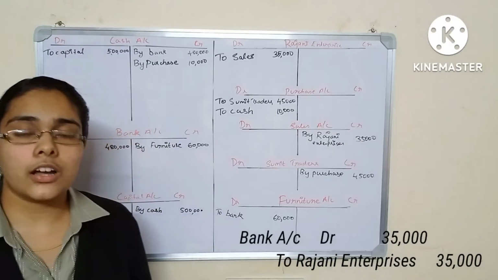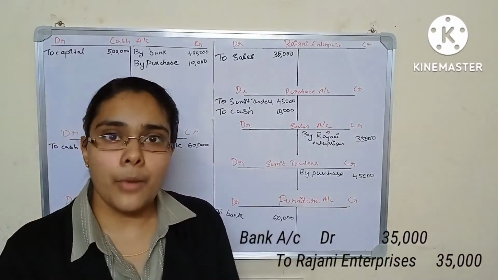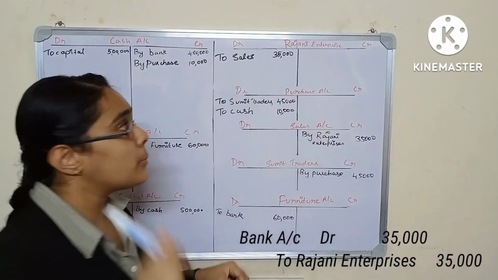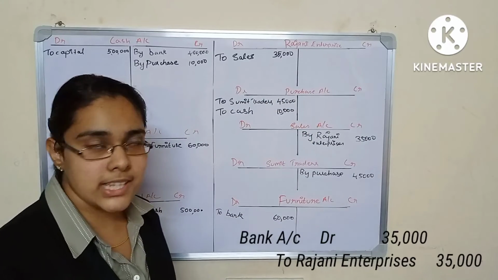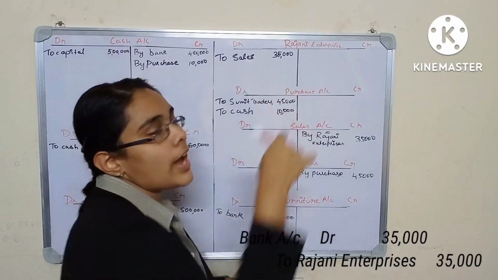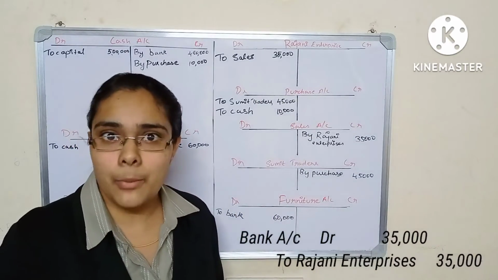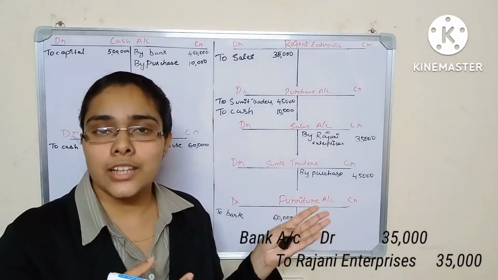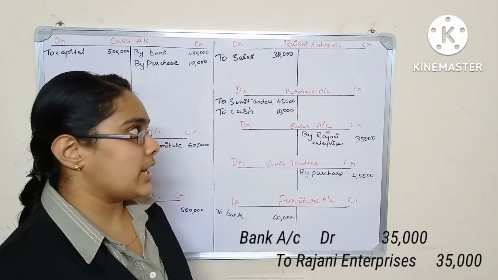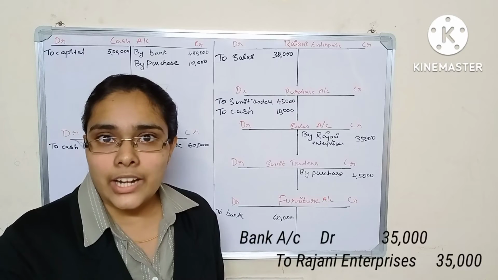In this question they have not stated the amount, but you know how much they purchased. Rajani Enterprise has made only one transaction with our business, amounting to rupees 35,000. So they need not specify the amount, because it's very clear that the debt was 35,000. So you can write it directly. What will be the journal entry?